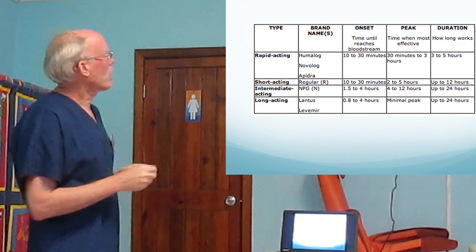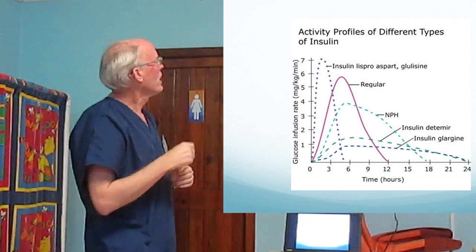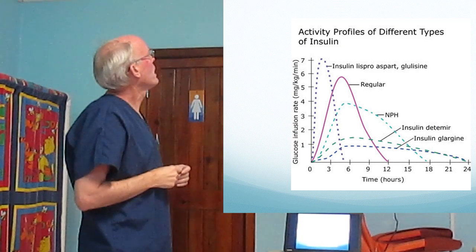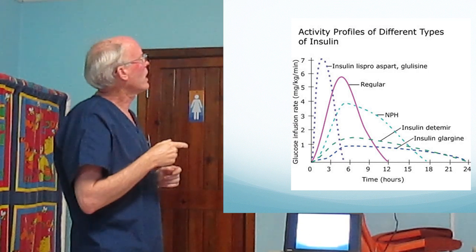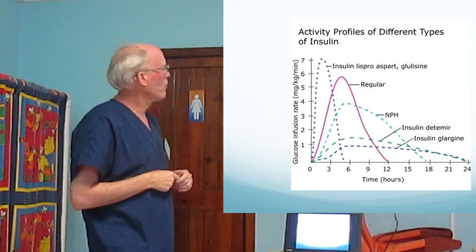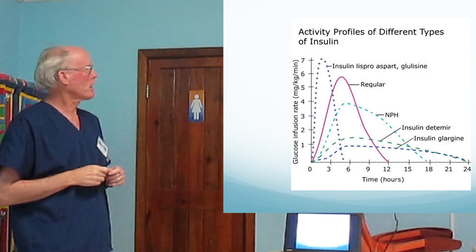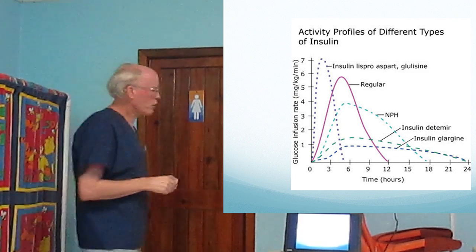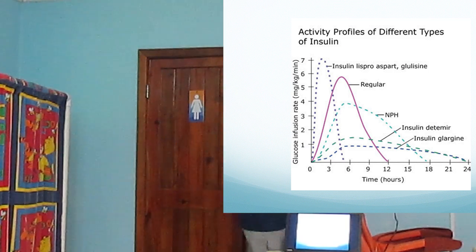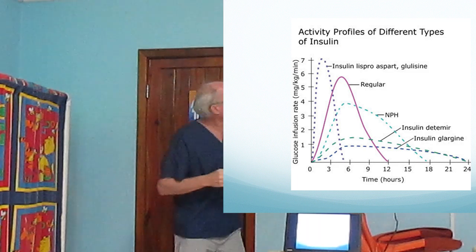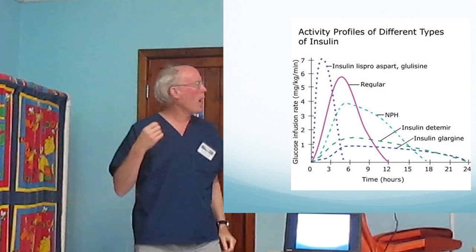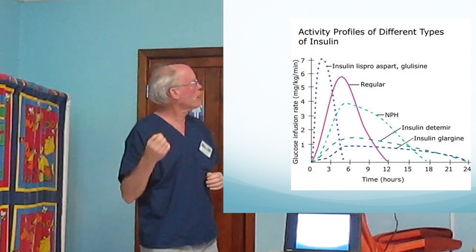So this shows time along the bottom, and along the side is the strength of the insulin. You can see the first curve, this one in black, is the rapid-acting insulins, Lispro and Aspart.